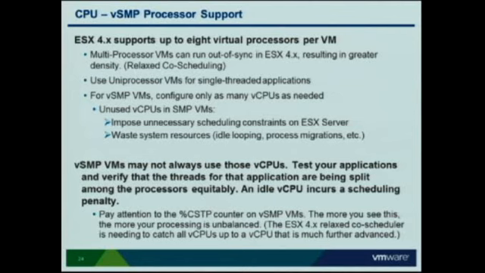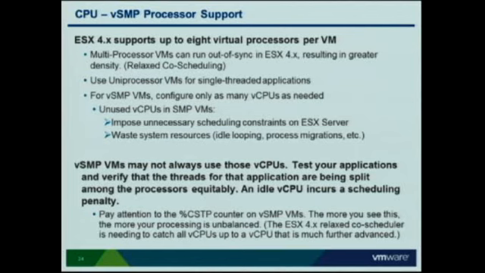The idea here is that with an SMP VM, you're going to get the most benefit out of them if you have symmetric processing. So if you have an application that multi-threads itself out and balances itself out across all of the processors in the VM. Because if we have an unused CPU, we're going to waste our system resources. We're going to impose some unnecessary scheduling constraints on the ESX server, especially with what we call, again, co-stop.